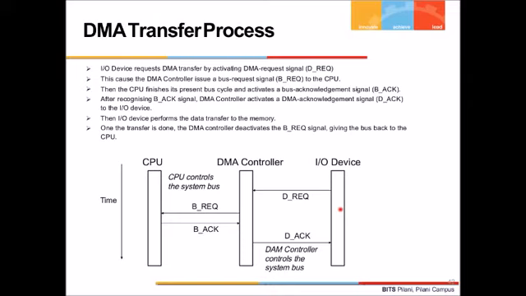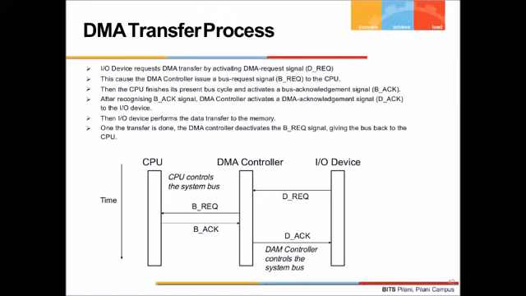It wants to do a direct memory transfer. So it sends a DMA request, DRQ signal, to the DMA controller. The DMA controller is another chip, by the way. Then the DMA controller receives it, and it requests the bus from the CPU, that is the BREQ signal.